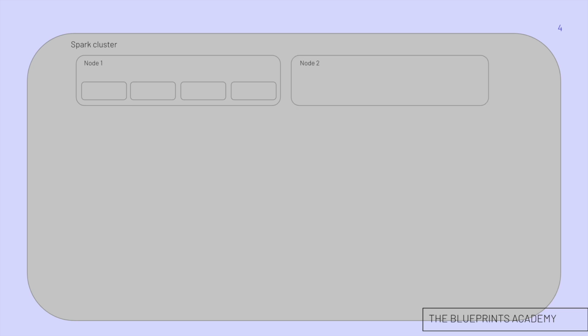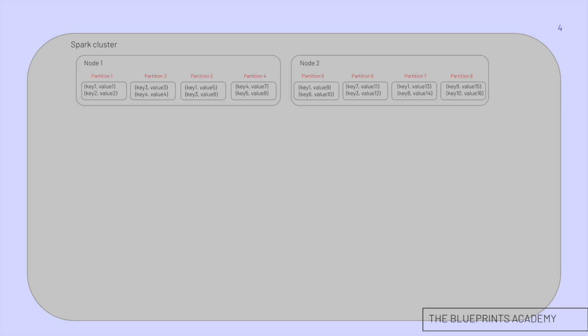So again, we have a Spark cluster here. Now let's say we have a similar scenario with node 1 having 4 partitions and node 2 having another 4 partitions, and here we have a good naming convention so you can understand clearly. So we have 8 partitions in total, partition 1 through 8. Then we have data in each of the partitions.